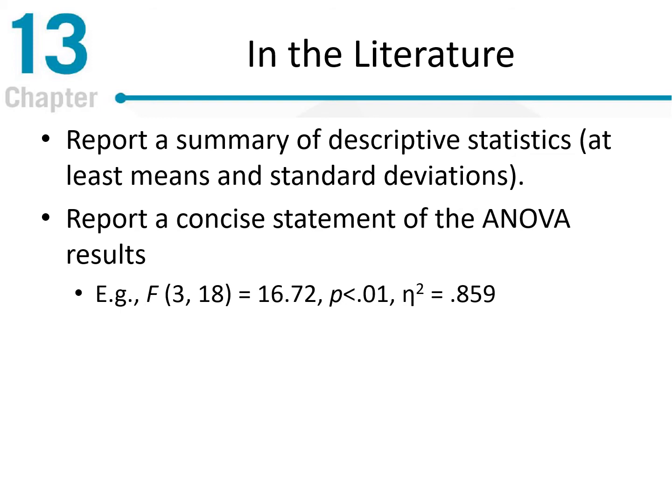Here you have 3, comma, 18, and the F is this large number, 16. Obviously that's significant at 0.01. And the partial eta squared is 0.859, which is really, really strong. So this is a very, very strong result. The treatment is having a big influence.